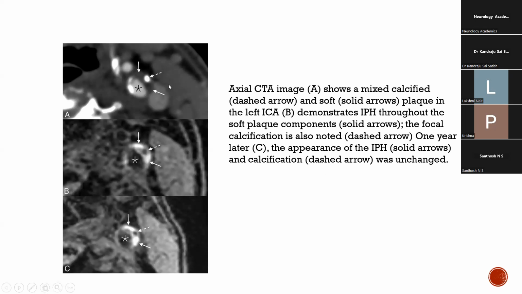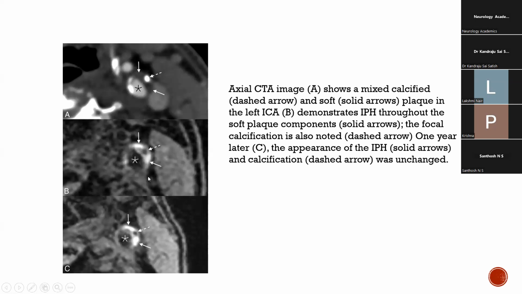In the first panel, we can see an axial CT angiogram. This is the lumen, and here is the atheroma, and the dotted line represents the calcification, and there is a plaque in the arterial wall.